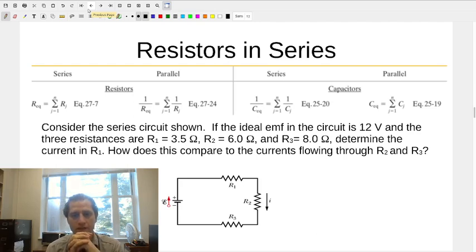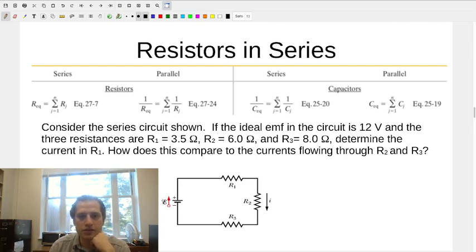So what happens in series? Well, I'll give you these formulas, but if you haven't had some practice with them, those could look pretty forbidding, pretty arcane. So let's remind ourselves how to use this.